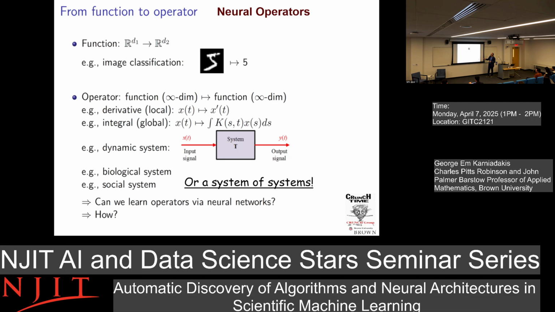But now in neural operators, here we have data in, data out. In a neural operator, we have functions as input, which are infinite-dimensional objects, and the output is also a function. Why do I want to do that? Because I can solve not one problem but many problems all at once.